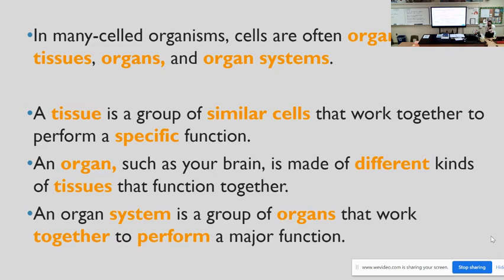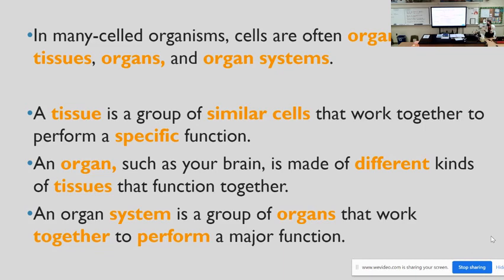So a tissue is a group of similar cells that work together to perform a specific function. And then an organ, so like your brain or your stomach, your heart, is made of different kinds of tissues that then function together.